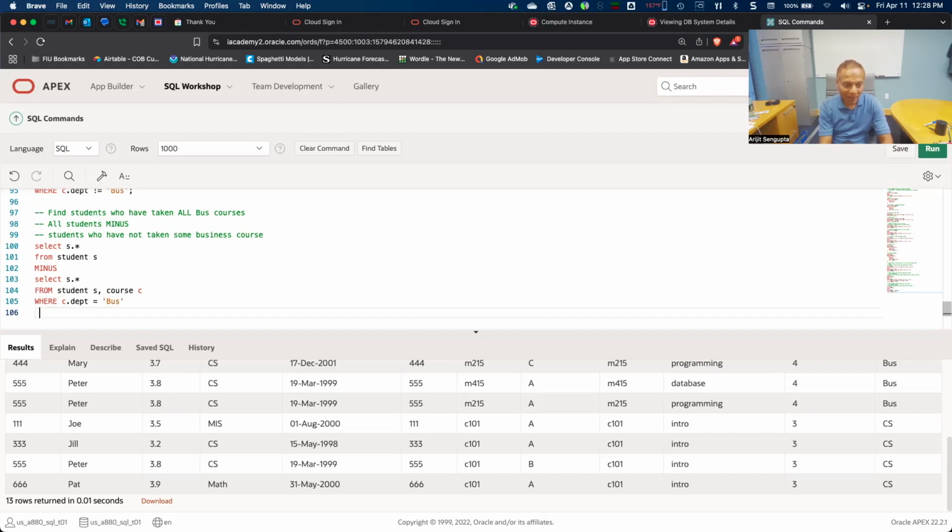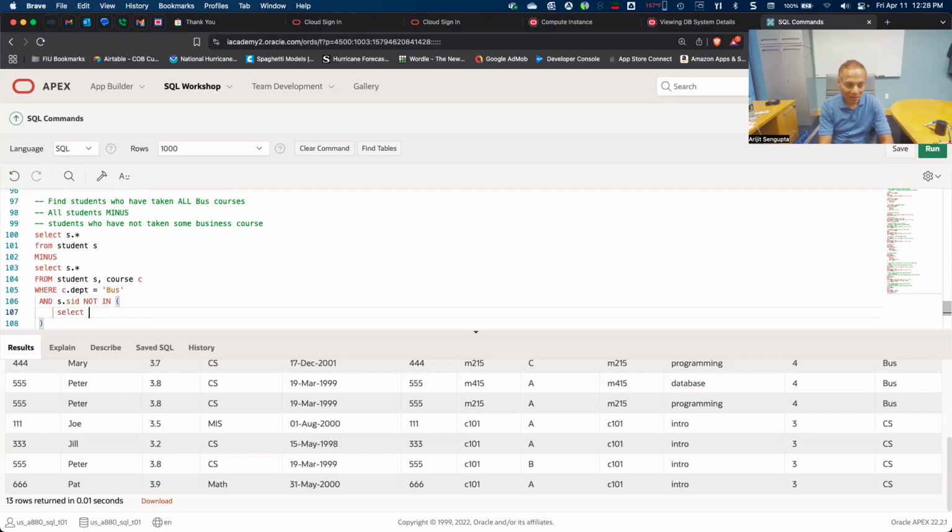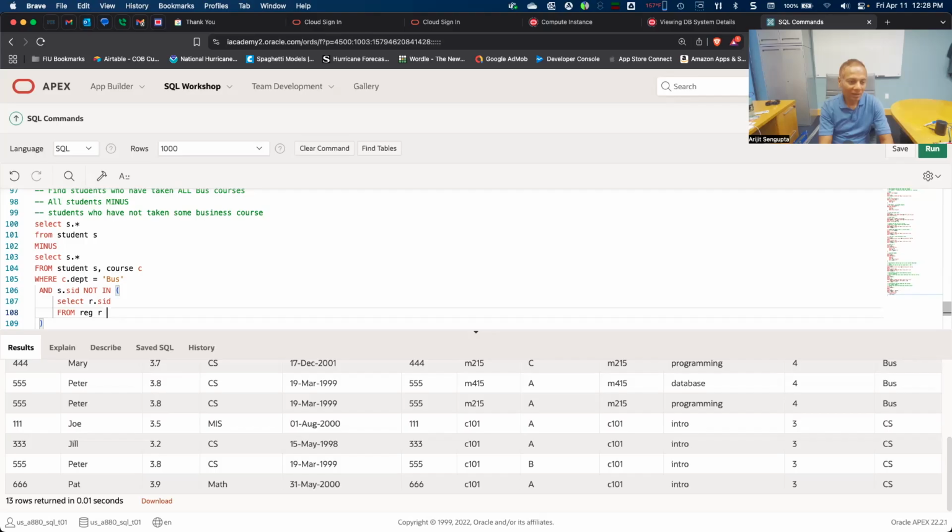So now, s.sid not in, select from registration R, where we look for all the registrations in that course, R.cnumber equals C.cnumber.